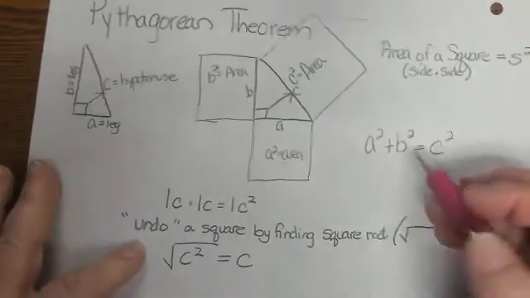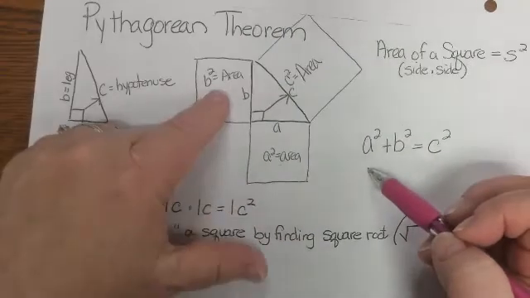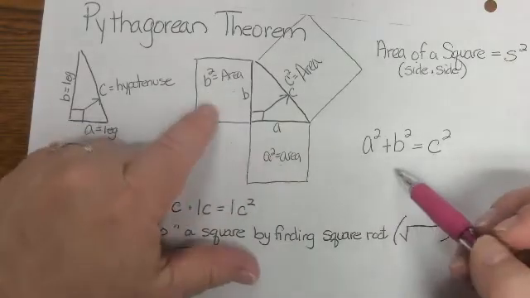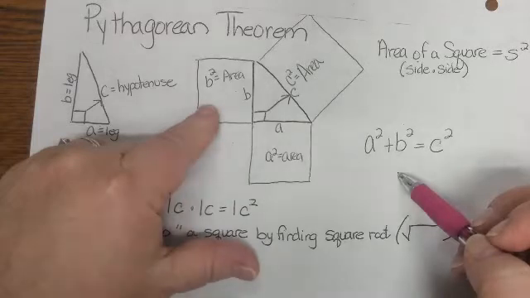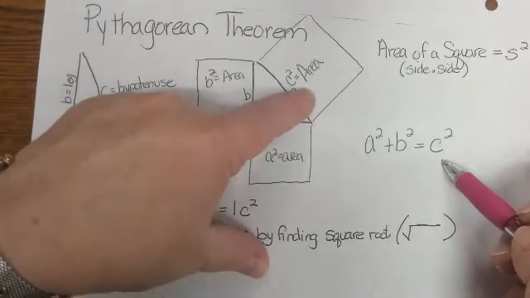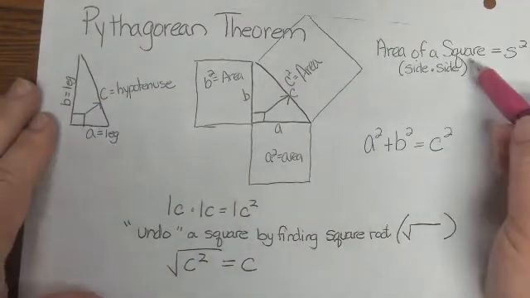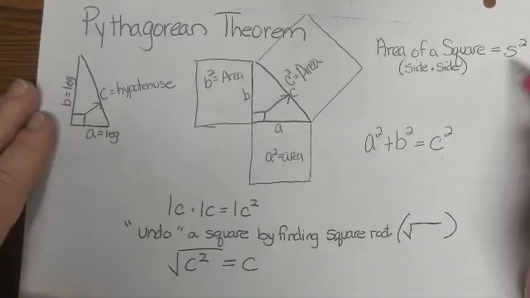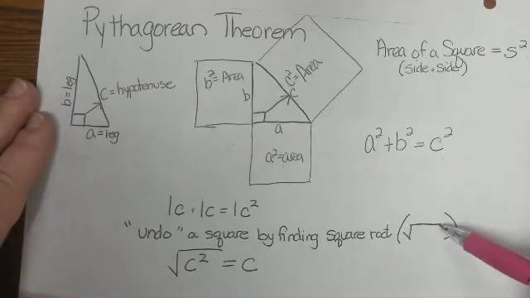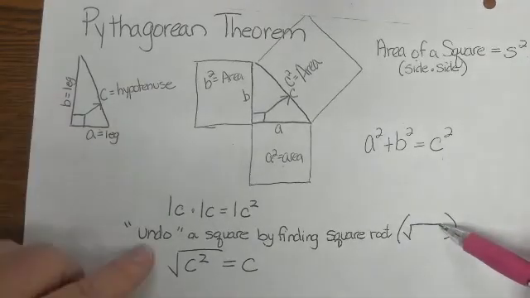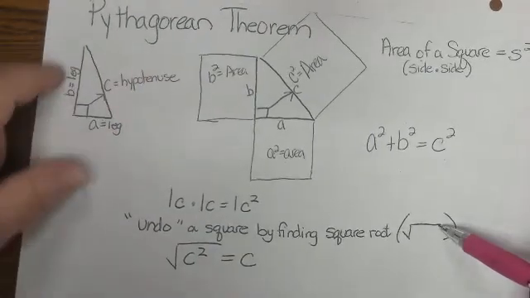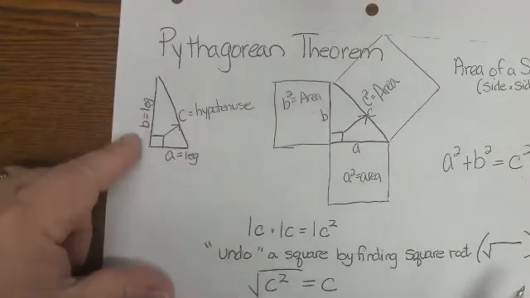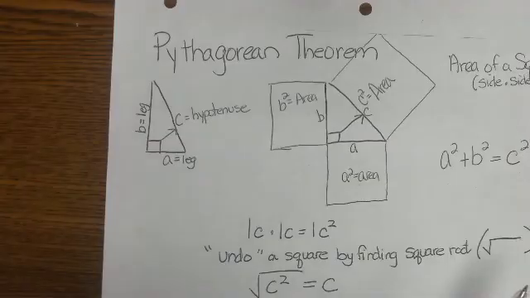So you could write this, the area of A plus the area of B is equal to the area of C. Remember, the area of a square is side squared. That's why we are taking the square root. Okay? You undo a square by finding the square root. And I've given you a nice picture and drawn your right triangle right here. Okay? All right, for today, that's enough information.